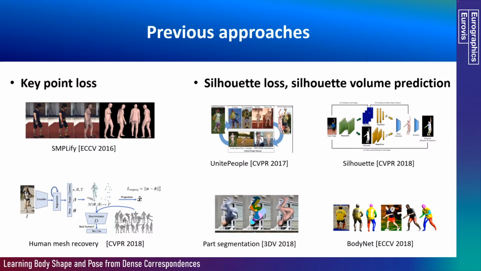Human mesh recovery learns body shape and pose end to end. Recent techniques use silhouettes and part segmentations to improve estimations. However, it is still challenging to train an accurate and robust model that can generalize well to unknown environments and scenes.